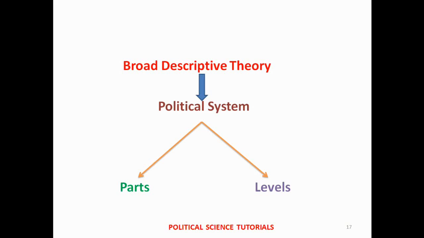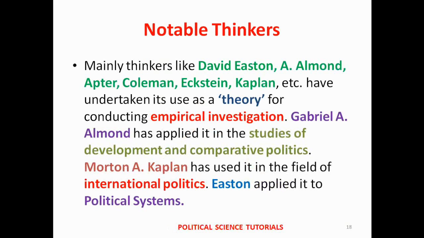It analyzes political systems at different levels as well as different parts. Some notable thinkers of the systems approach are David Easton, Almond, David Apter, Coleman, Eckstein, Kaplan, etc. They undertook its use as a theory for conducting empirical investigation.